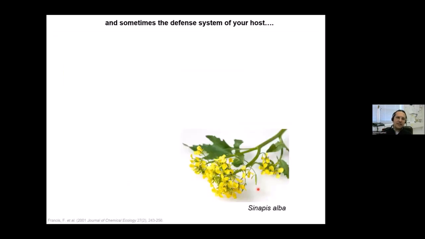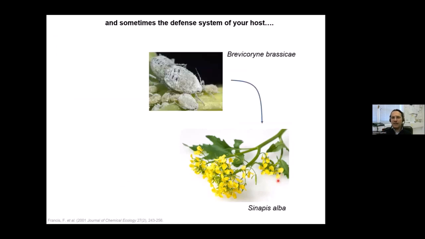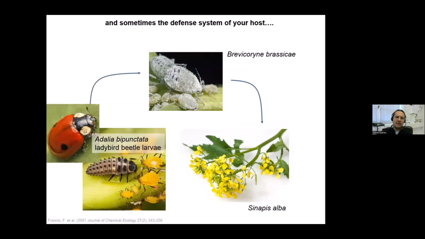And last but not least, sometimes the defense system becomes the insect's own defense system. For example, here this aphid is feeding on Sinapis alba, and the natural control agent here, the ladybird beetle larvae, usually eat the aphids heavily.